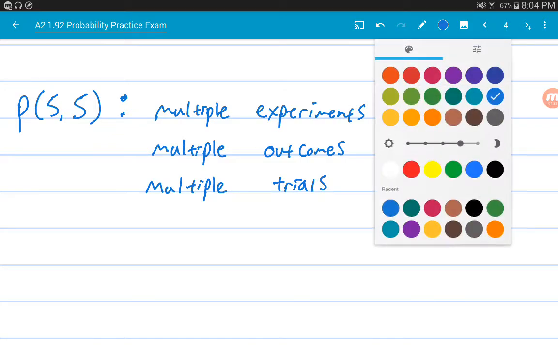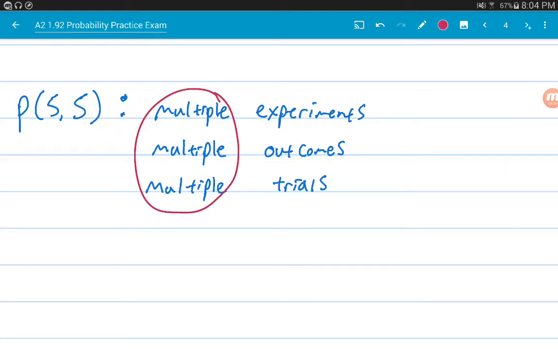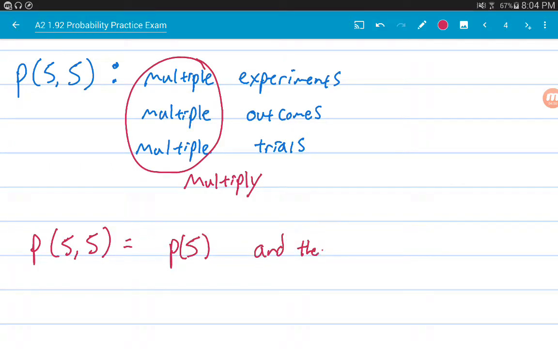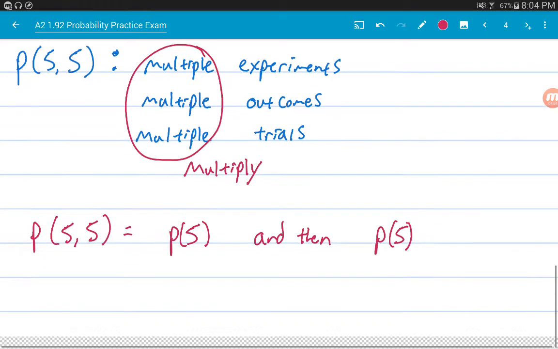Take a guess, what operation do they mean? They mean multiply. So if I wanted to find the probability of getting a 5 and then a 5, that means the probability of getting a 5 and then the probability of getting another 5.